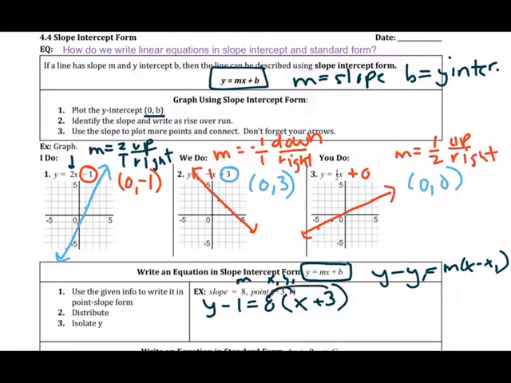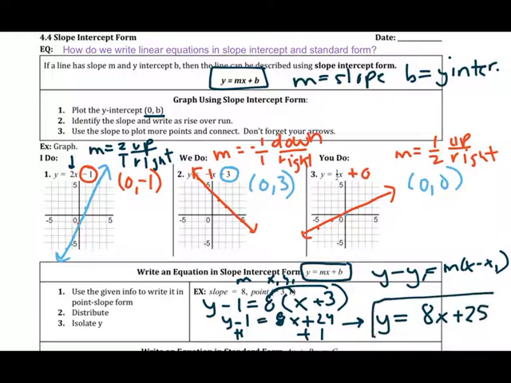I am going to distribute, so y minus 1 equals 8x plus 24. And then I'm going to add 1 to both sides to isolate y. So this is going to give me y equals 8x plus 25. So again, write it in point-slope form, distribute, isolate y, and you will have slope-intercept form.